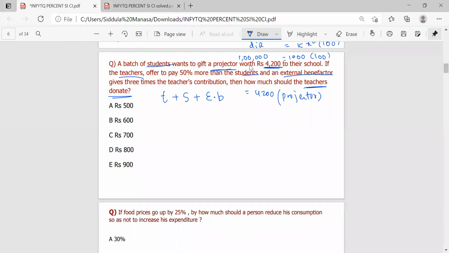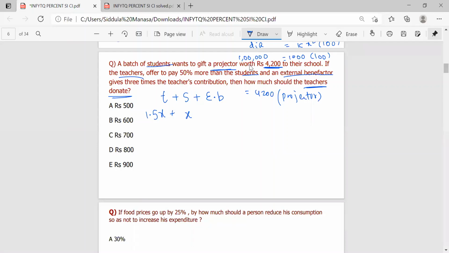Now, teachers' contribution depends upon the students. Let us suppose students are contributing some X rupees. Then teachers have to pay 50% more than students' contribution, meaning 1.5 times of X.